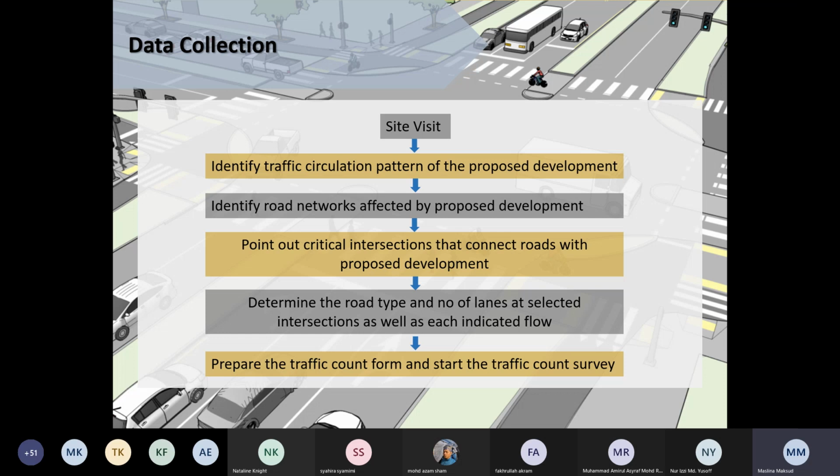So we also need to determine the road type and the number of lanes at the selected intersections, as well as their traffic flow, to prepare the traffic count. After we have done this site visit of the study area, and we have collected some information for the existing intersection, and we have selected our critical intersection, let's start with our traffic count.